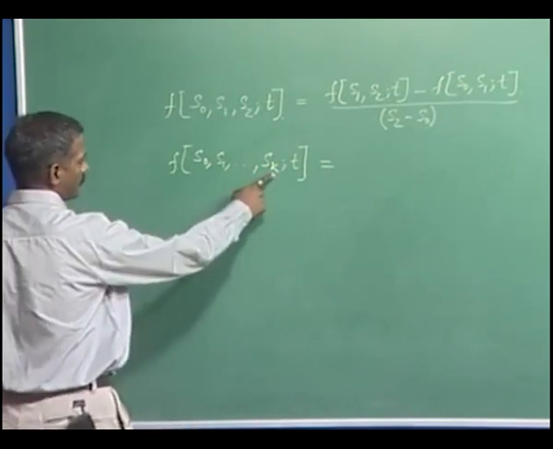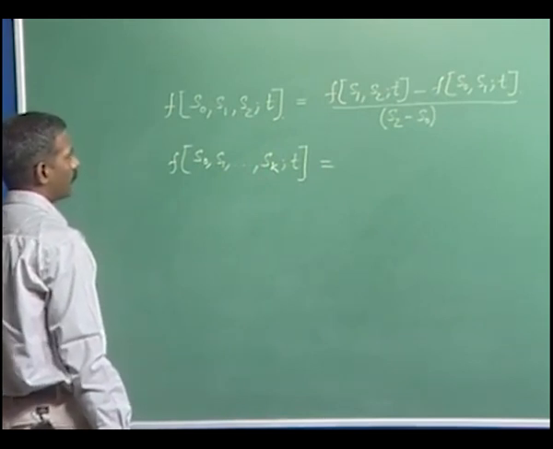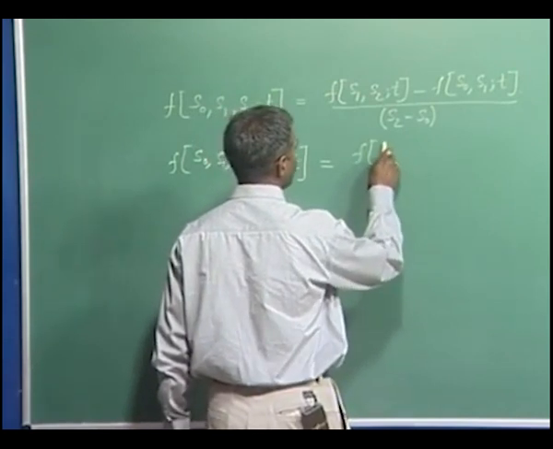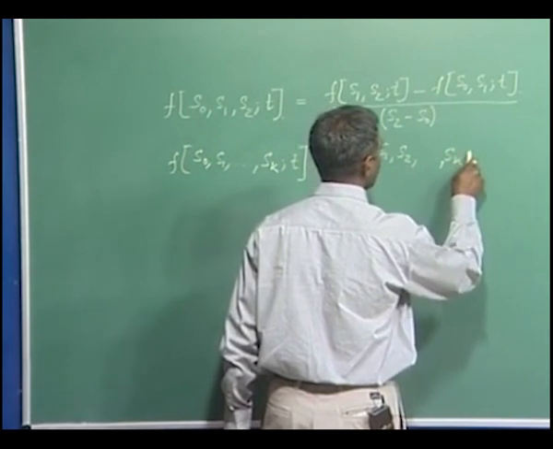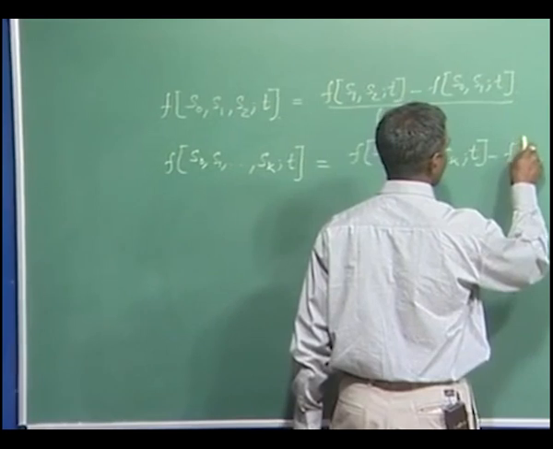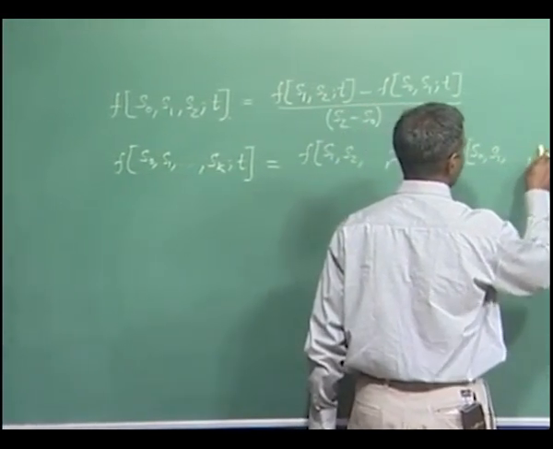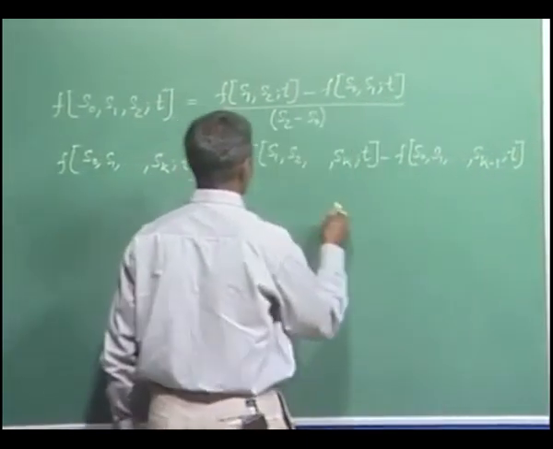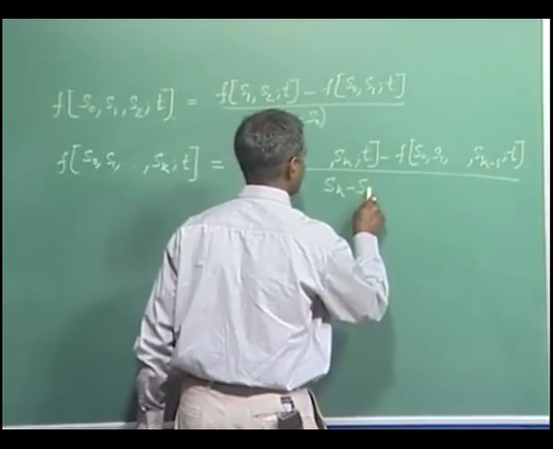So this would be the kth divided difference, and if you have guessed it, this would be f[S1, S2 up till Sk : t] minus f[S0, S1 up till Sk minus 1 : t] over Sk minus S0.